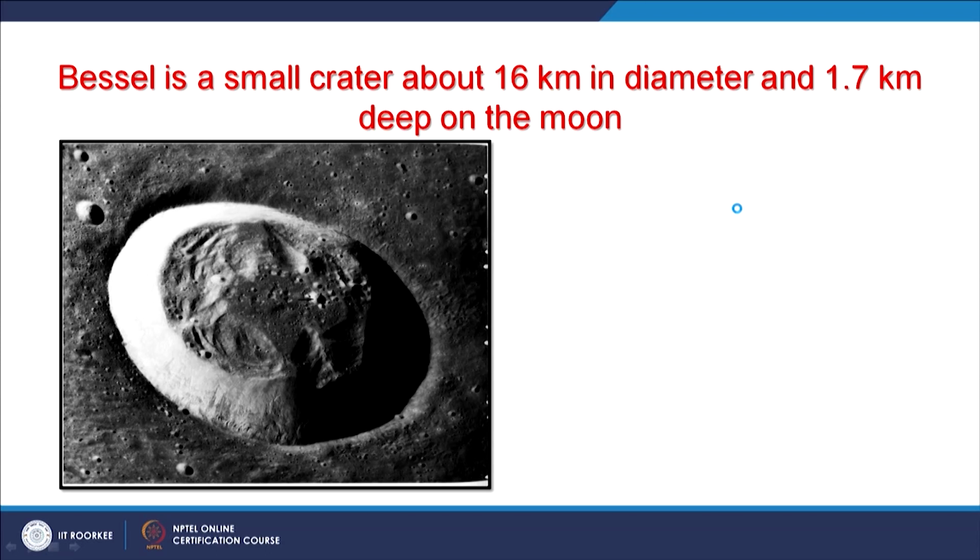If you open Google Moon, you have on the same installation Google Moon and Google Mars also, and I will give an example of Google Mars as well. Elsewhere in the literature or on the internet, they say this is a crater. But if it is a crater, why should there be raised ground?